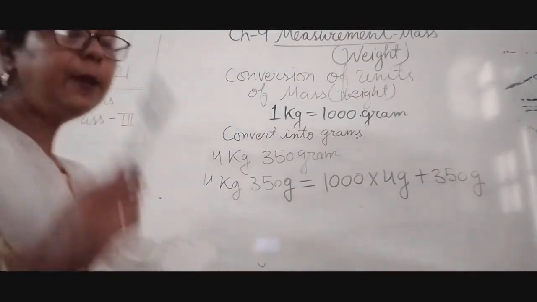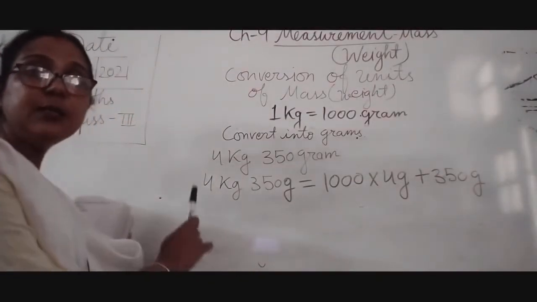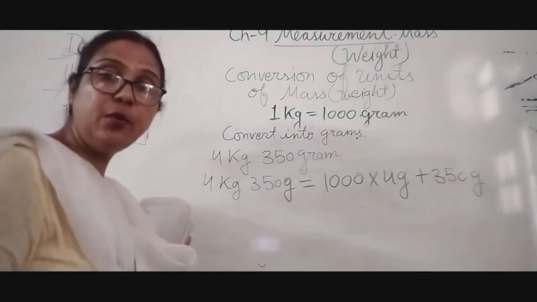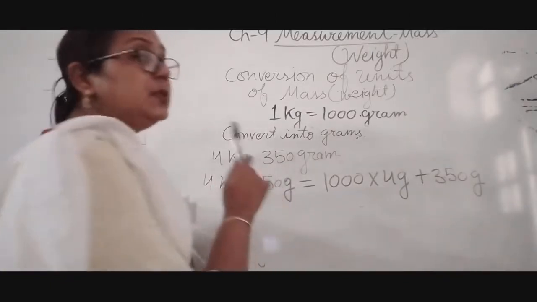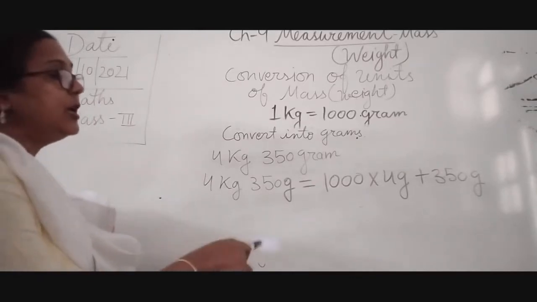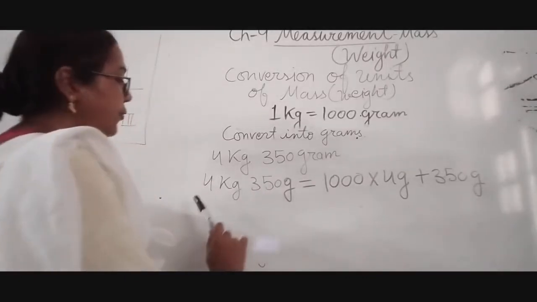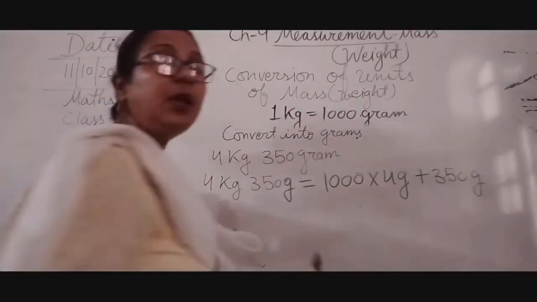We only convert the 4 kg, because the question is to convert into grams. The kilogram is given over here, and along with the kilogram the grams is also given. So we will convert 1000 multiplied by 4 kg, 4 grams, plus 350 grams.